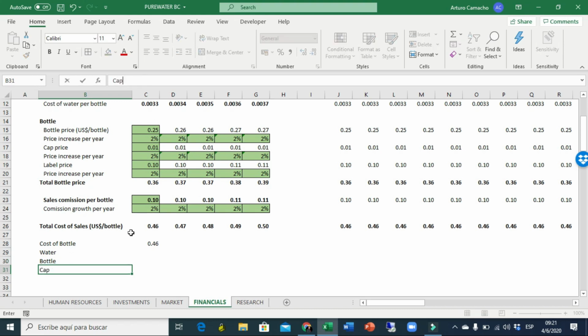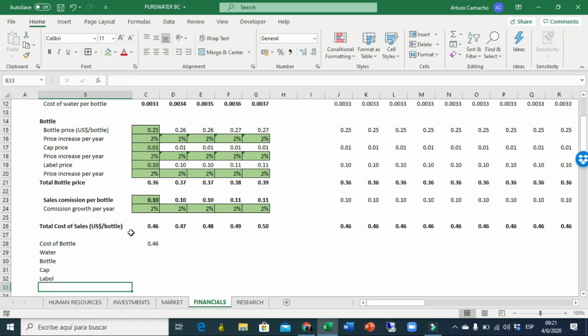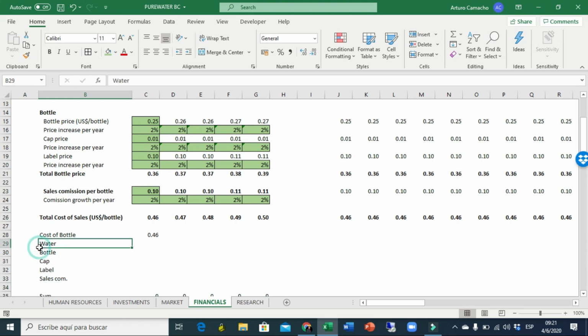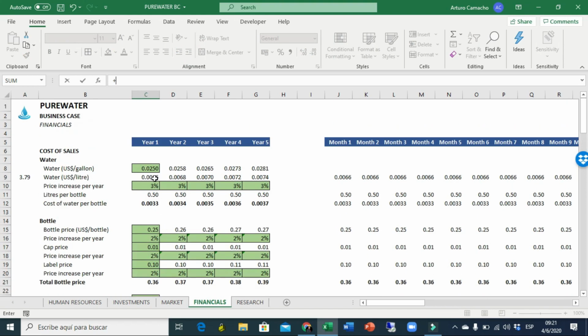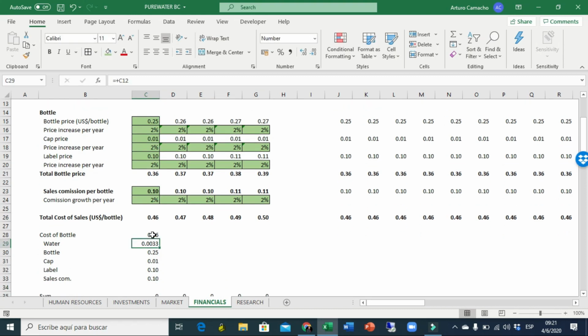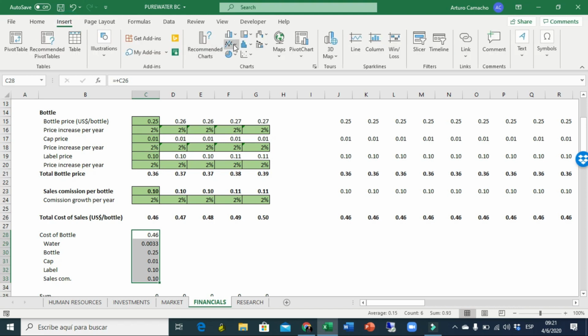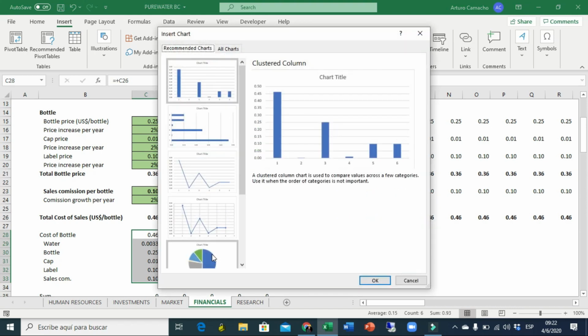We could put the cap, the label, and sales commission, something like that. And this we just look up here, the water. I can do the graph like this, and let's see what they recommend. Could be cool.